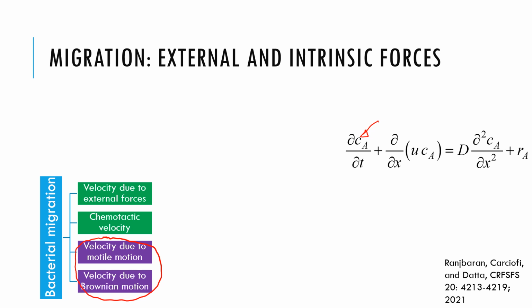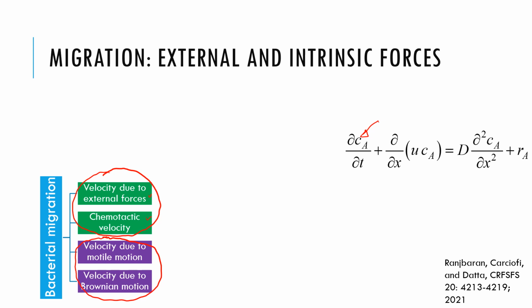They're both kind of random motion that can be treated as diffusion-like. And then there are directed motions that are flow-like. That could be due to chemotactic movement or simply due to passive movement with the flow, like this one.